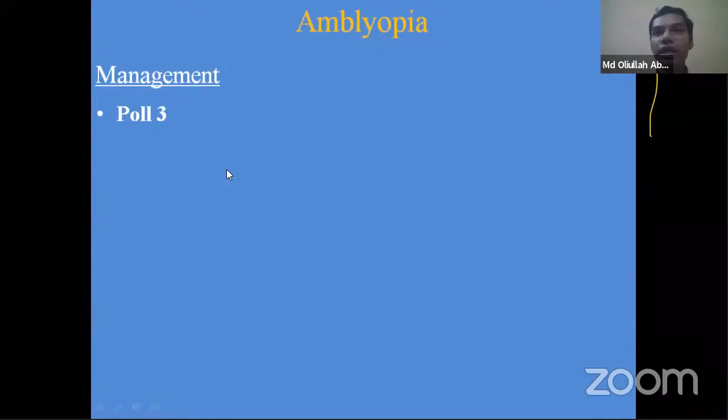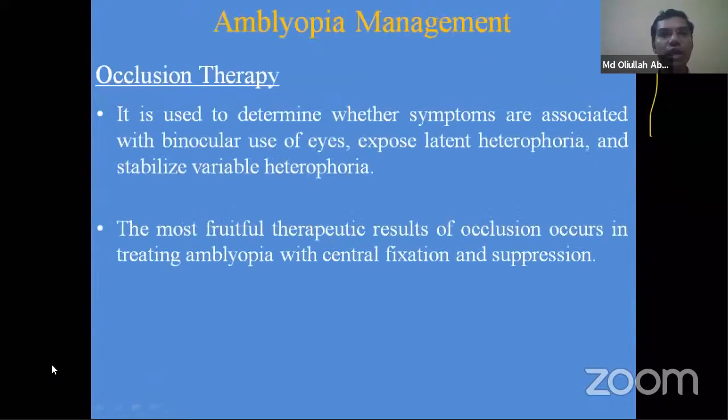Whatever it is, it is an age-old proven methodology or management protocol that has been there for years and years. Now we need to understand what happens with this management protocol, what happens in occlusion therapy.